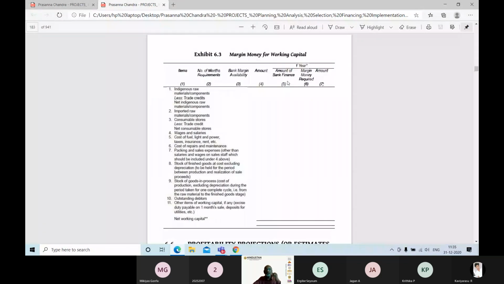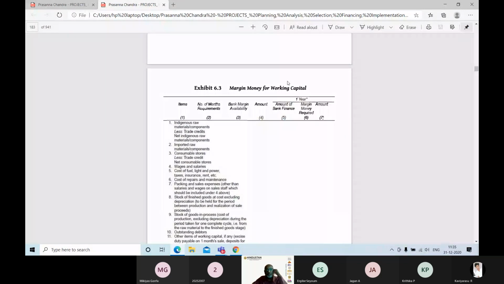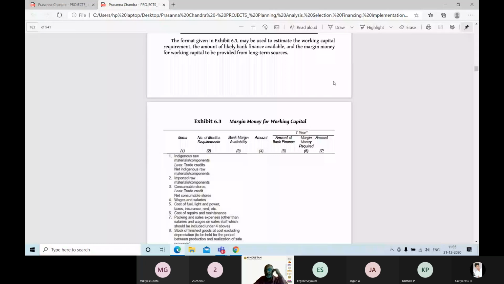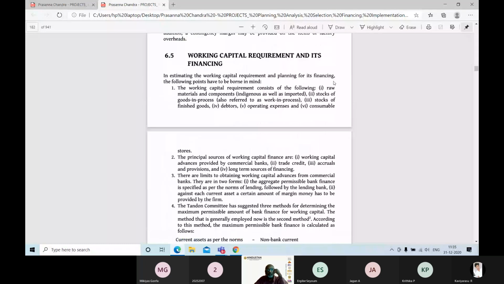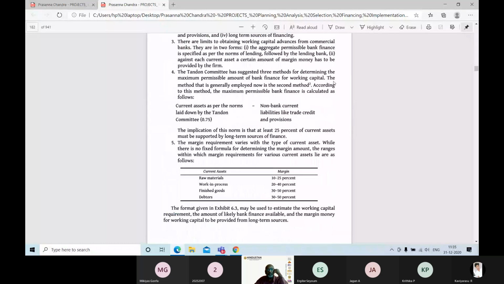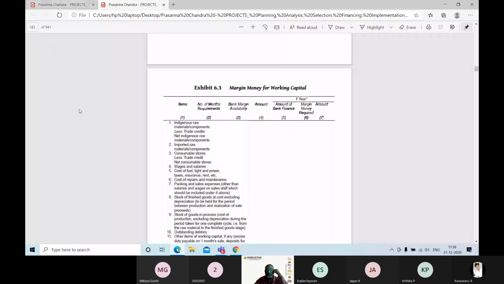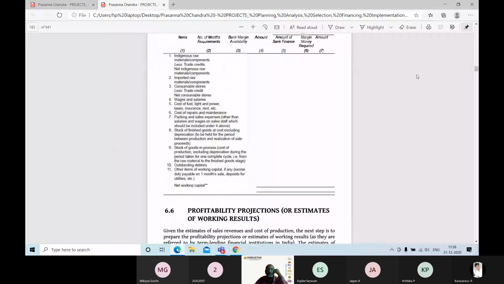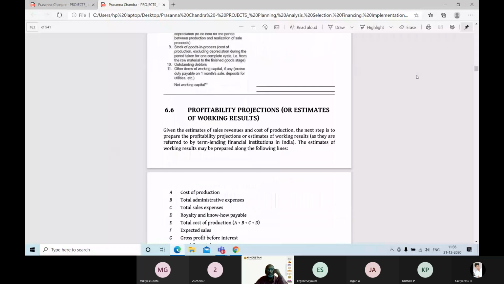Yesterday we saw the working capital requirement: what is meant by working capital requirement and how it is to be calculated, and how the institution works out the percentage for the margin for the working capital requirement.